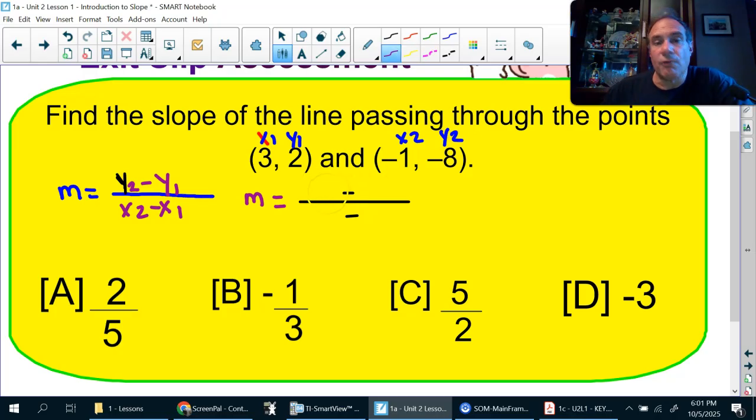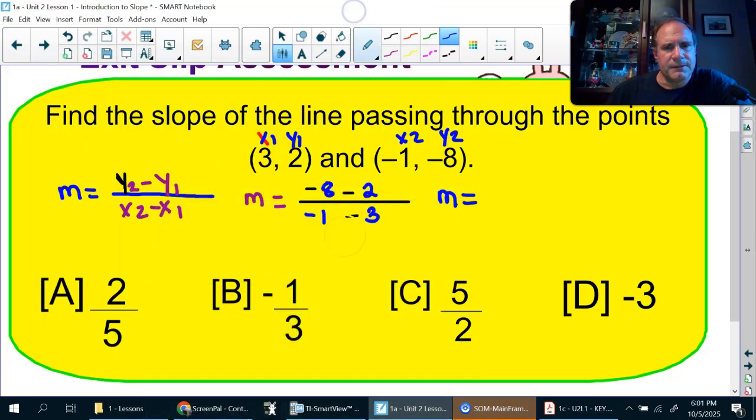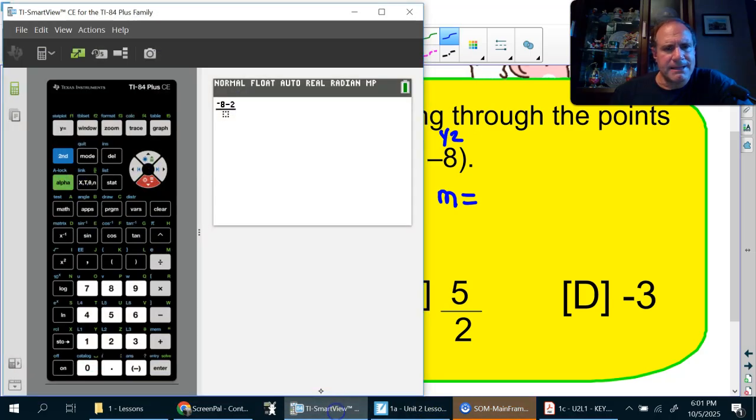So the y2 is -8, and then y1 is 2. The x2 is -1, and the x1 is 3. Don't do anything by hand, right? Make sure -8 minus 2 goes into the calculator, over -1 minus 3.